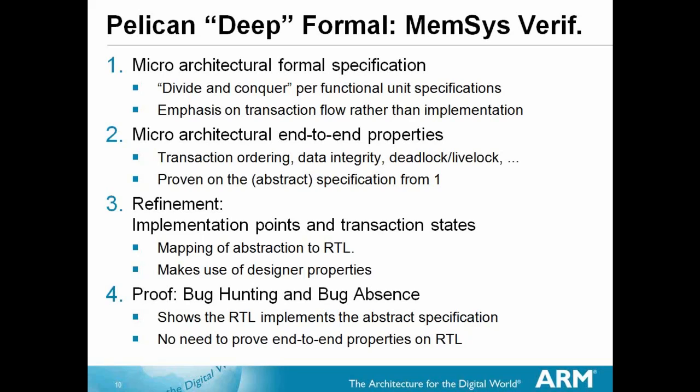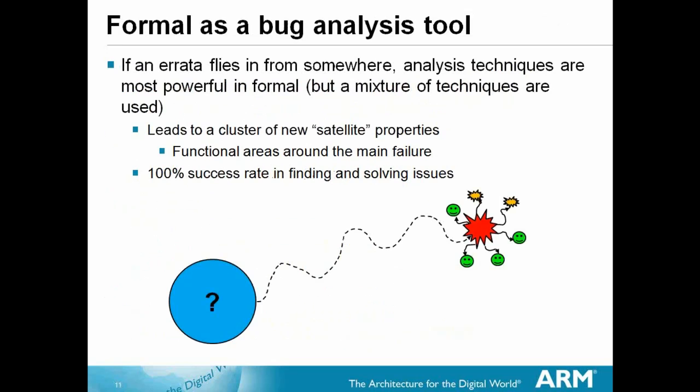And then we finally go to a proof stage where instead of writing the end-to-end properties on the RTL, we simply prove that the RTL implements the abstract specification. And that avoids the need to write these complicated end-to-end properties on a much larger design. We just need to get equivalence with the abstract spec.